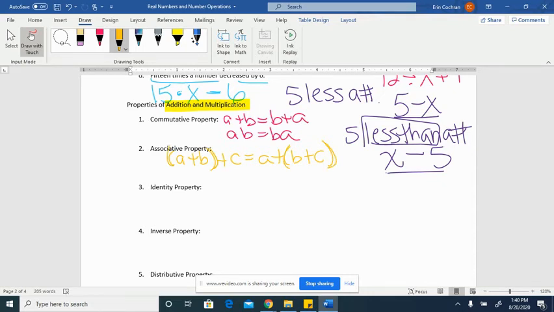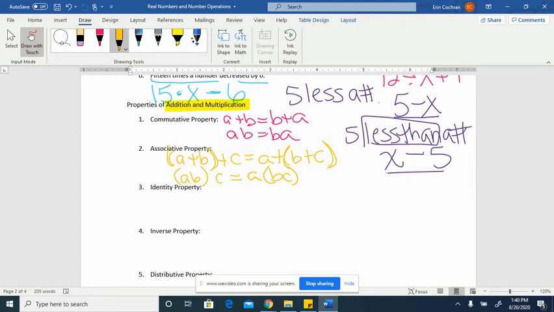I can take 2 plus 3, then add 5, and it's the same as taking 3 plus 5, then adding 2. You're taking the same 3 numbers and adding them. Same thing with multiplication. I could do A times B, then times C, or I can do B times C, then times A. It's always going to be the same.